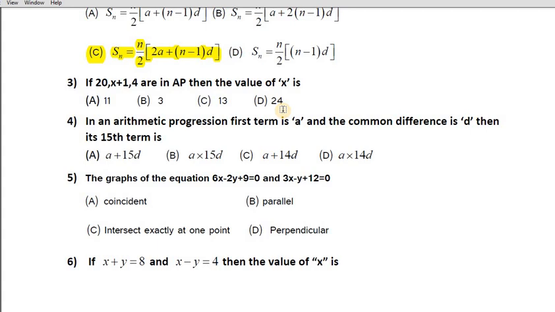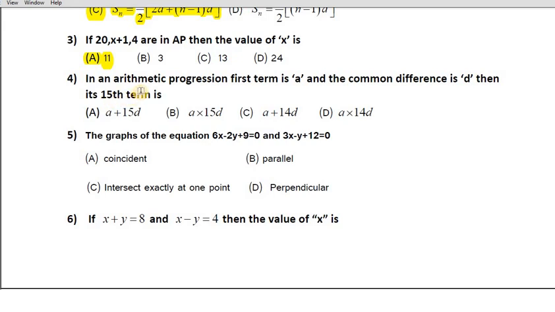So here you wanted to find x value. For that you want to use the arithmetic mean finding formula, that is b is equals to a plus c by 2. In that case a value will be 20, b value will be x plus 1 and c value will be 4. So substitute these things in that formula and simplify. You will get answer is A, that is 11.